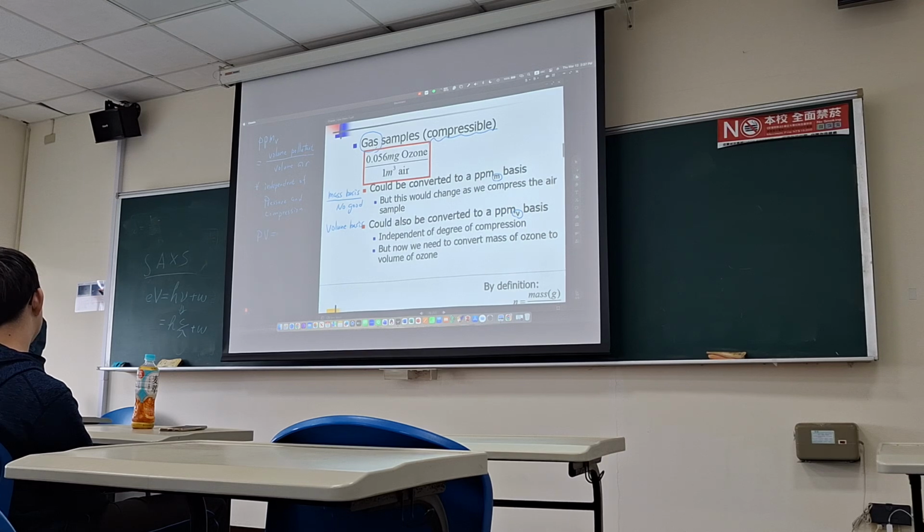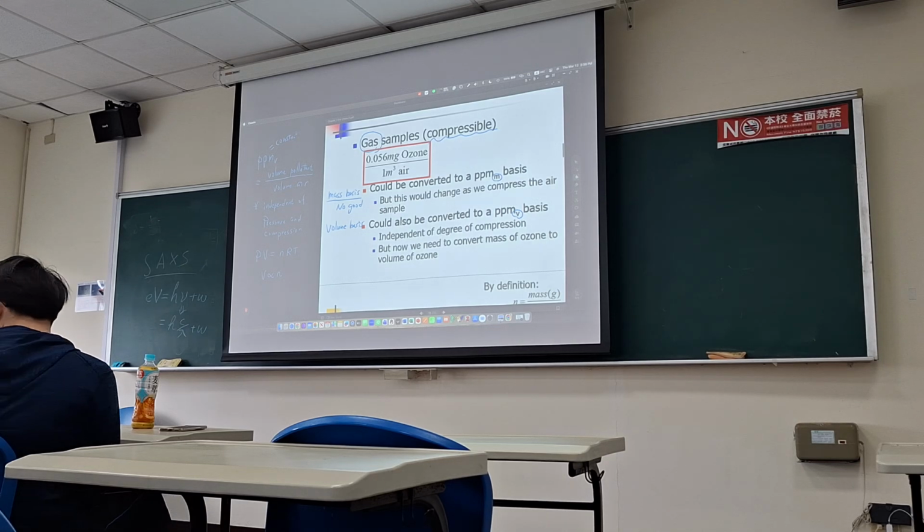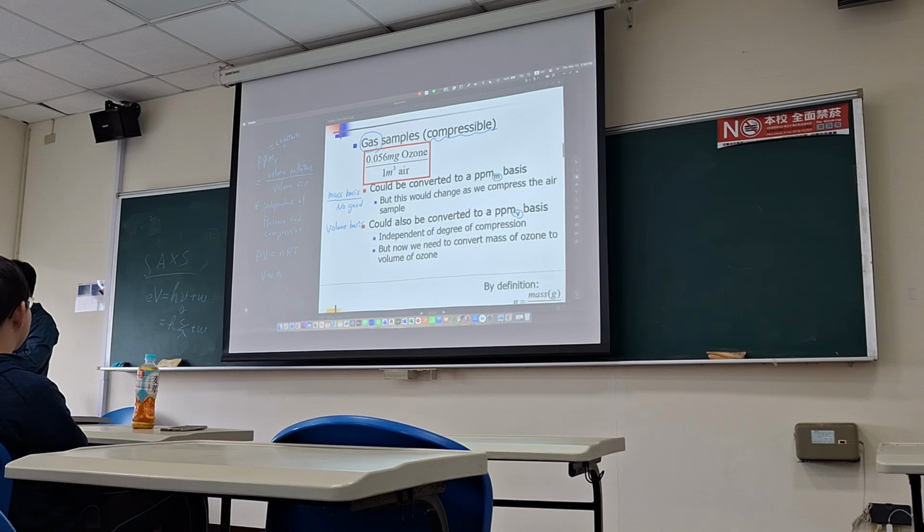Based on the ideal gas law, volume is proportional to mole, which means the volume is proportional to the mass. So if we use the volume basis, both gas volume and mass shrink proportionally. So this is going to be constant. So this is good for the gas sample.